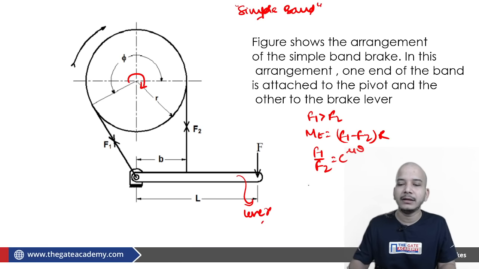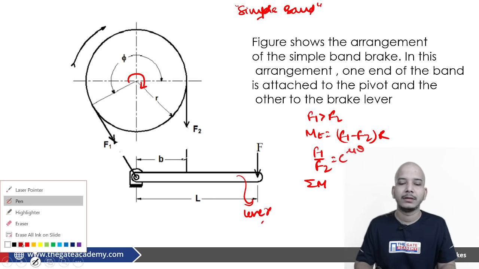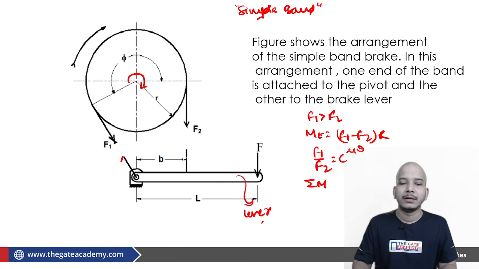And after that, the net moment for this block lever arrangement. For this lever arrangement only I am talking. Last equation, what I am writing here. So this is F1, this is F2.